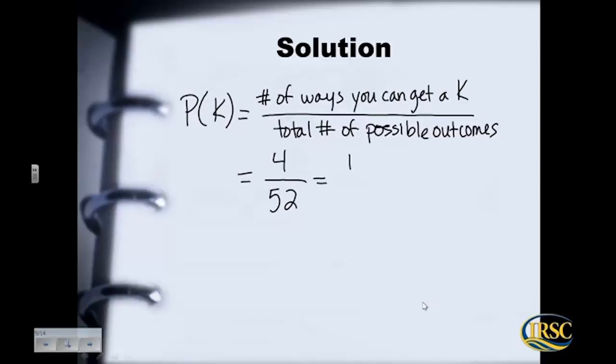Okay, 1 over 13, I heard? Should be 13. Okay, so 1 over 13 is your answer here. So the probability of getting a king is 1 over 13. Much smaller chance of getting a king than, remember our last problem was 2/3, so 1/13 is very small, much less than 1/2.